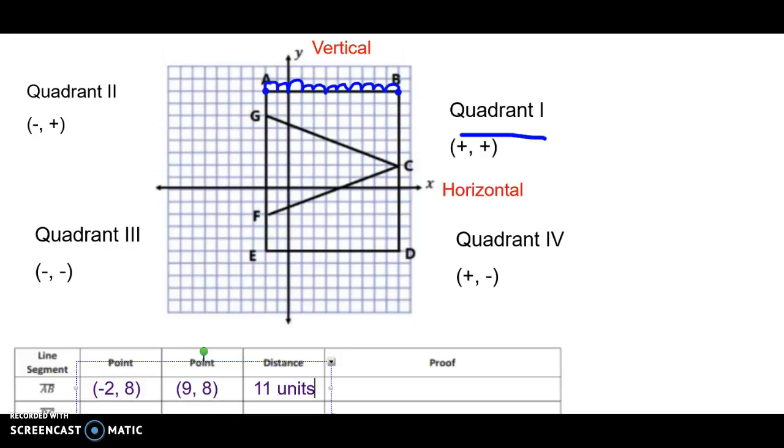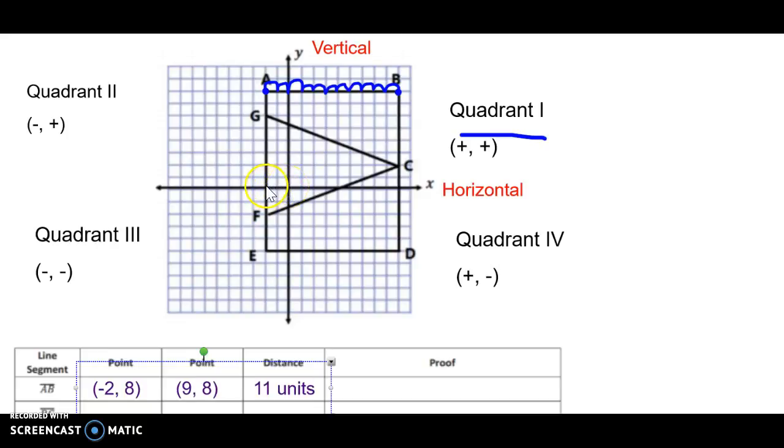Okay, so we're going to take it back to absolute value. Absolute value is on your paper under the vocabulary term. It's the distance of a number from 0. So if we're looking at the endpoint A, we know it is at -2. So how far is -2 away from 0?